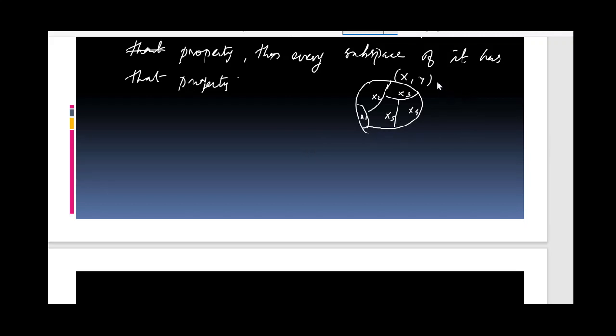Now, suppose X2 has a property P. Then when I consider X1, X3, X4 and all the subspaces, these should all have the same property P. Then we will say that this property P is a hereditary property. Can you follow me? If a space has a property, then every subspace of it should have the same property. Such a property we say is a hereditary property.